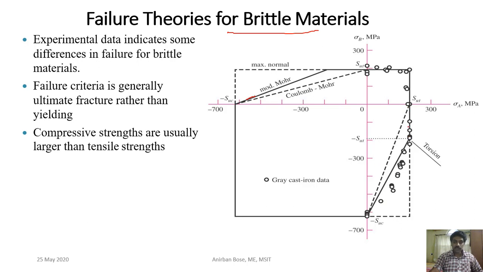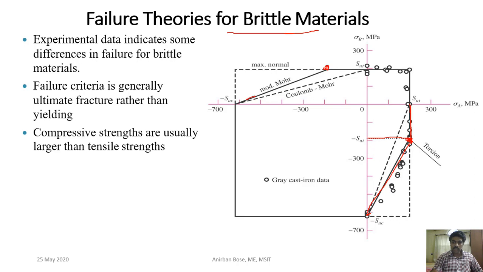But if you see the other diagram, this point corresponds to the S ultimate in tension. Up to that point it is considered straight, and then from that point it is joined to the compressive point.